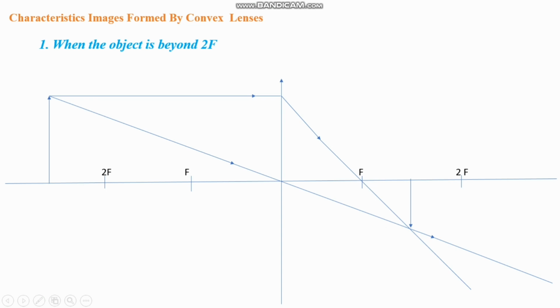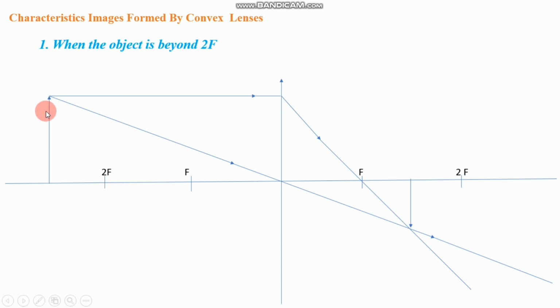So the three things we do is that we see where the image is formed. As you can see, the image is formed between F and 2F. Remember, the image is formed between F and 2F when the object is located beyond 2F. Also we can look at the size of the object and compare it with the size of the image.